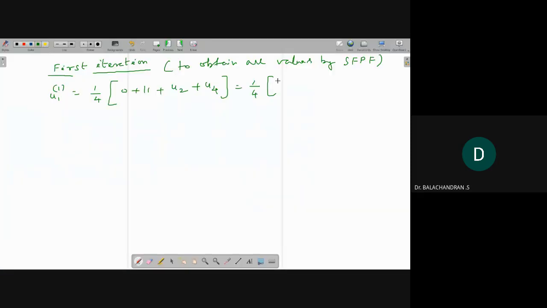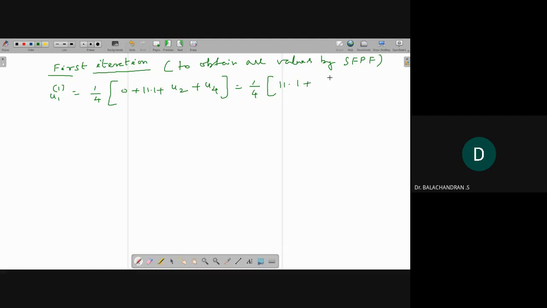So 0, that is 11, plus U2 is 11.1, 11.1 plus U2 is 13.6.